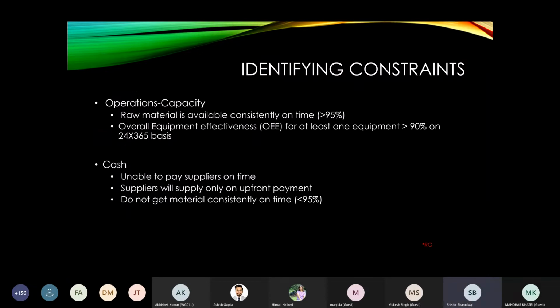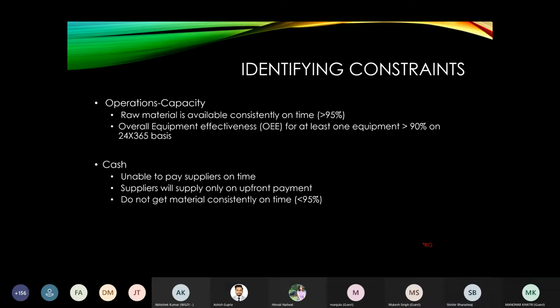productivity. Let us say one example: if you've identified your operations as your capacity constraint, two other conditions should be fulfilled. Raw material is available consistently on time, meaning your suppliers are supplying you on time. And at least one of the equipment has more than 90% OEE on a 24 into 365 basis.